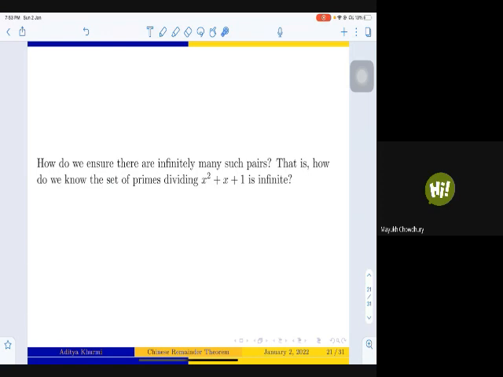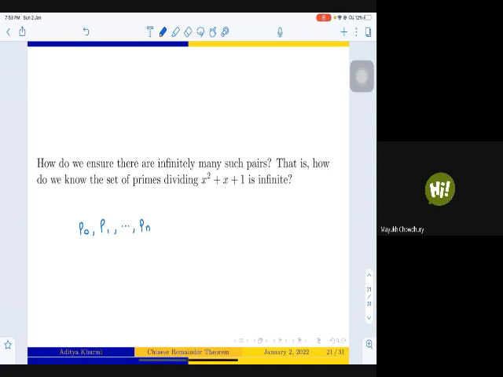The one proof that we do know for doing that is Euclid's proof for showing that the number of primes in general is infinite. That method is actually pretty useful in a lot of problems, so you should keep that in mind. Assume for the contrary that there are only finitely many primes that divide this expression, p0, p1 till some pn.